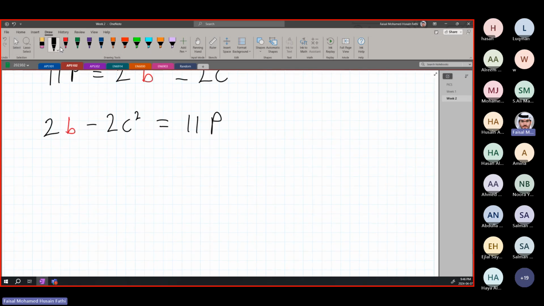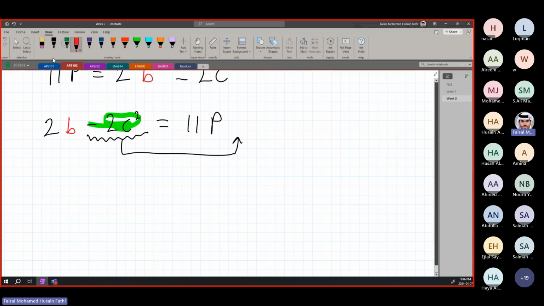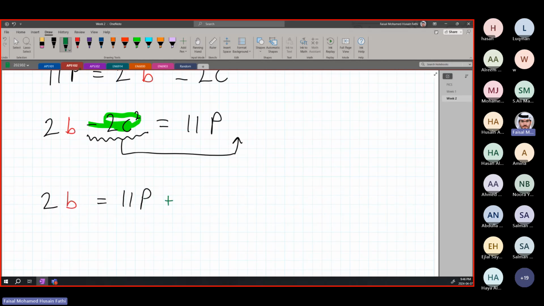So the first step is to get rid of all the pluses and minuses in the equation. So this is minus 2c squared. We need to take it to the other side. How does that work? We're going to have 2b is equal to 11p, and this is minus 2c squared, so it will become plus 2c squared. Do not worry about the square or the c or anything.